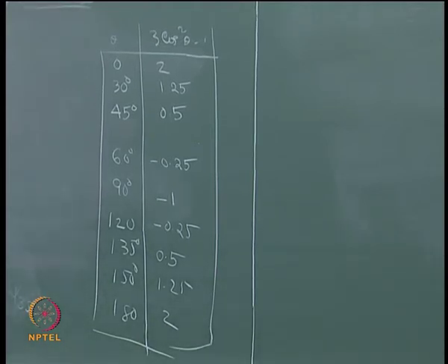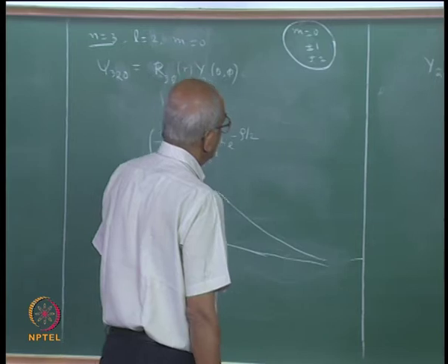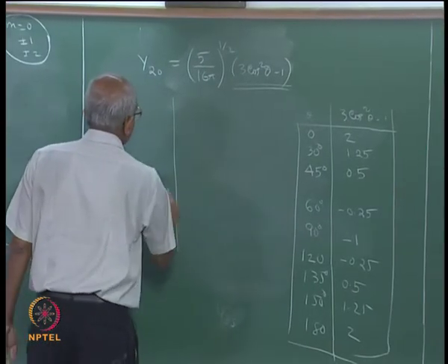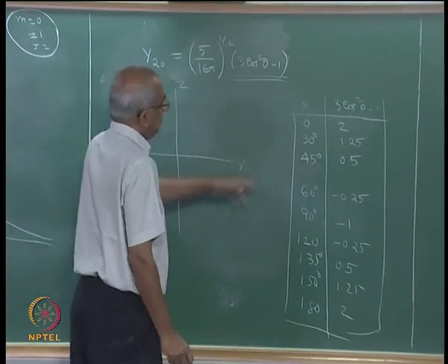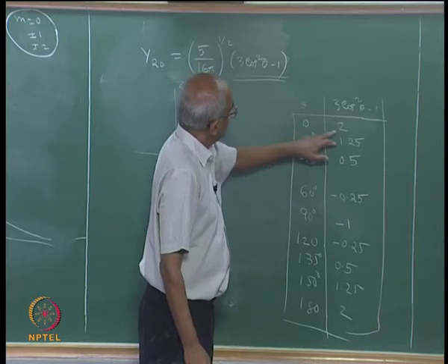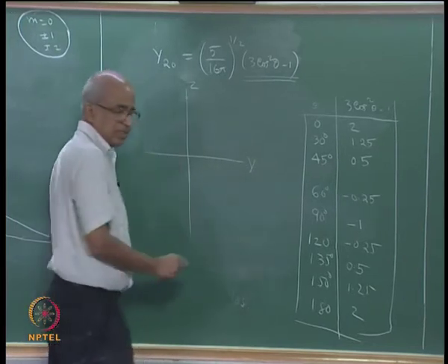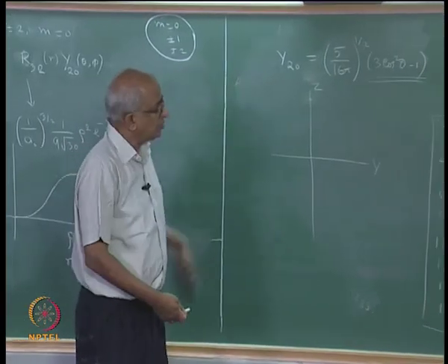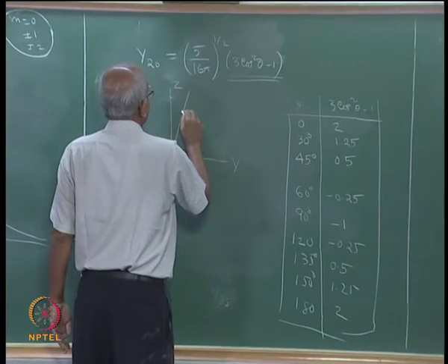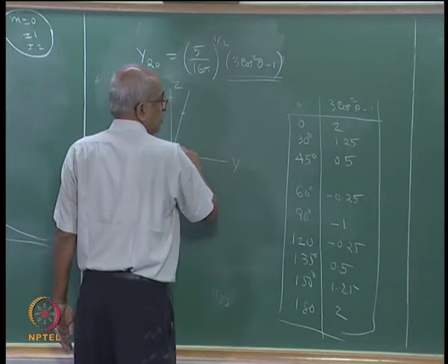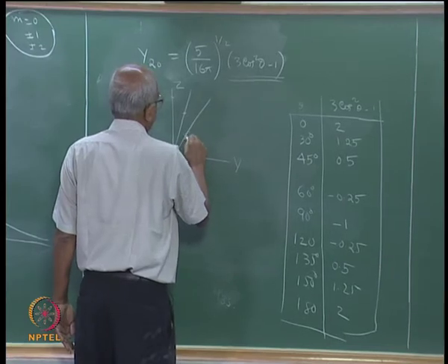As I said, I will do it rather quickly. Let me confine myself to the YZ plane. I realize that when theta is equal to 0, the value is actually 2 units. So, I will have to put a point somewhere there such that the distance of the point from the origin is 2 units. Then 30 degrees, the point is 1.25. 45 degrees, the point is at a distance of 0.5.